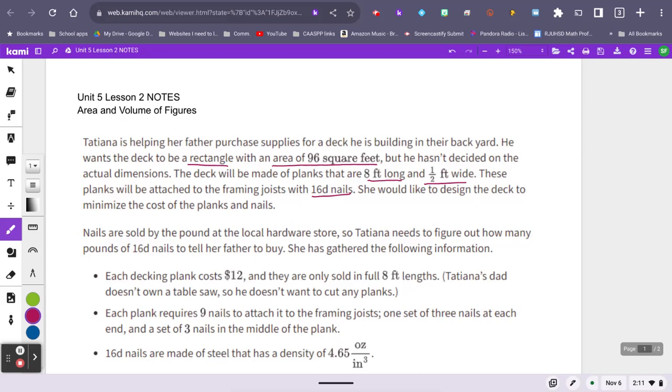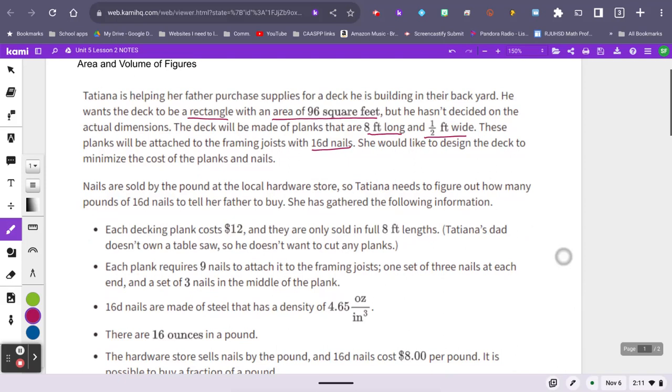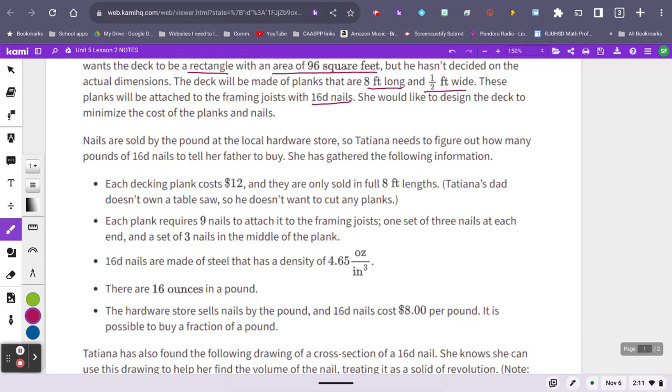And here we have our information. Each decking plank costs $12, and they're only sold in full 8-foot lengths. Tatiana's dad doesn't own a table saw, so he doesn't want to cut. So we're going to have to do it at least in 8-foot lengths.